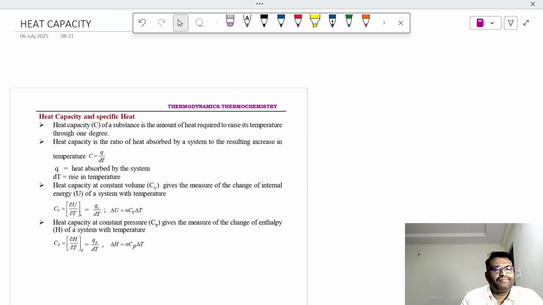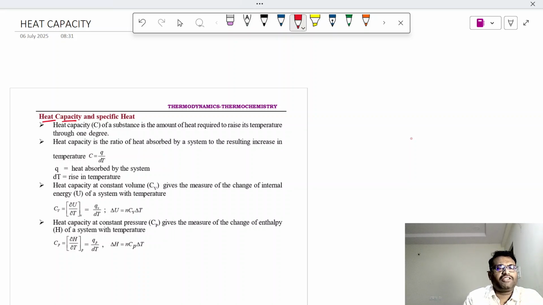In this session, we are going to learn about heat capacity. In the thermodynamics chapter, we are speaking about heat capacity. So, what is meant by heat capacity?